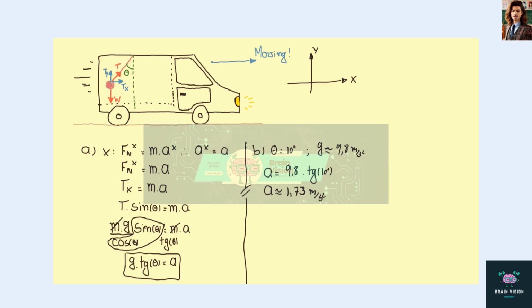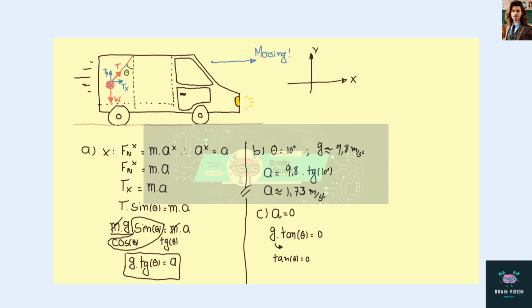Then we also have to answer the last item, which asks what is the angle theta when the van moves with a constant velocity. So as the van is moving with a constant velocity, its acceleration is equal to 0. Then g times the tangent of theta is equal to 0. We can send g to the other side, so the tangent of theta is equal to 0.